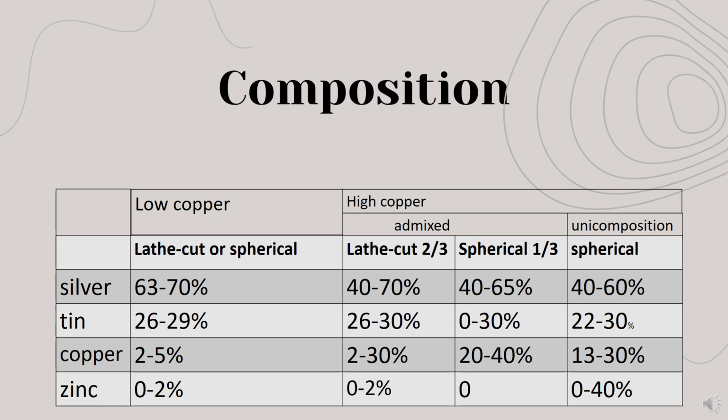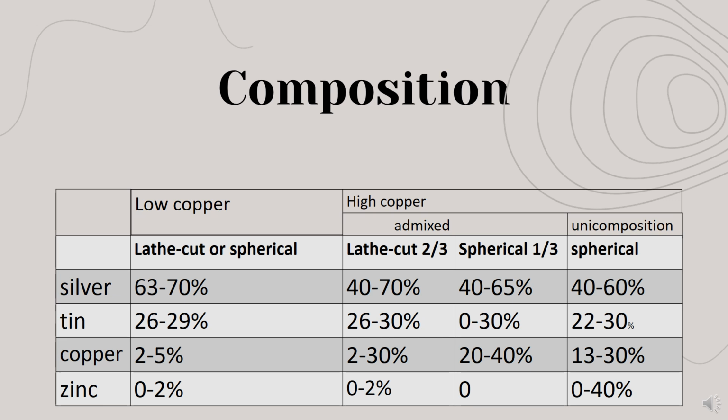The lathe cut two-thirds of the admixed high copper alloys contain silver in the range of 40 to 70%, tin in the range of 26 to 30%, which is similar to the low copper one, copper in the range of 2 to 30%, and zinc is also similar to the low copper ones.